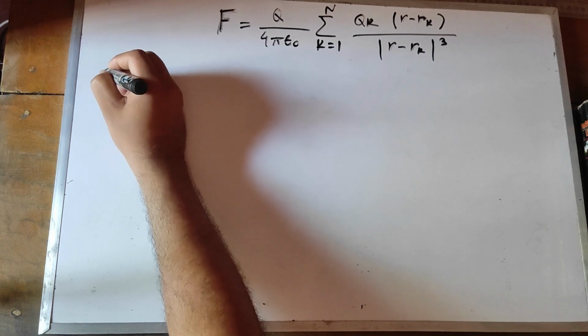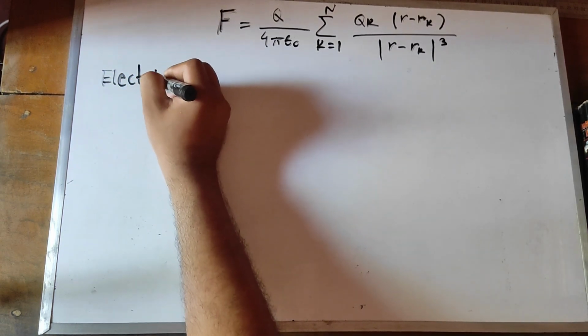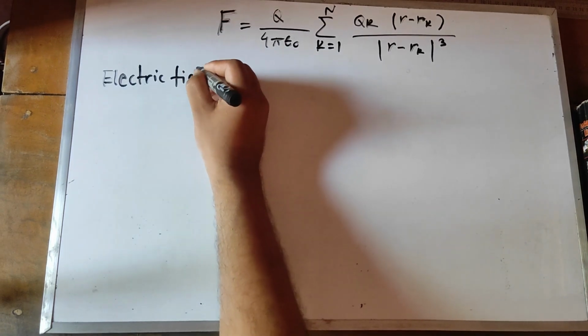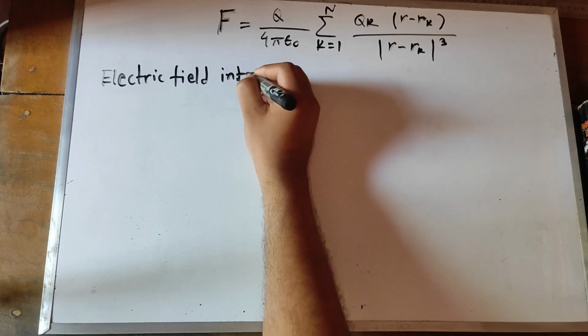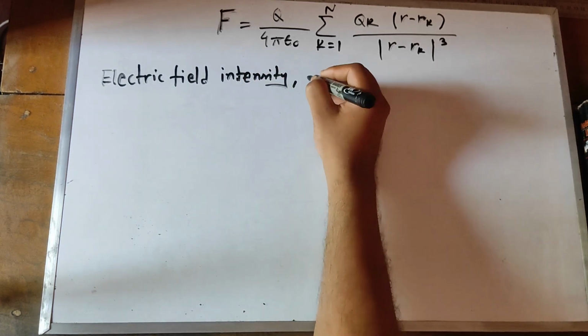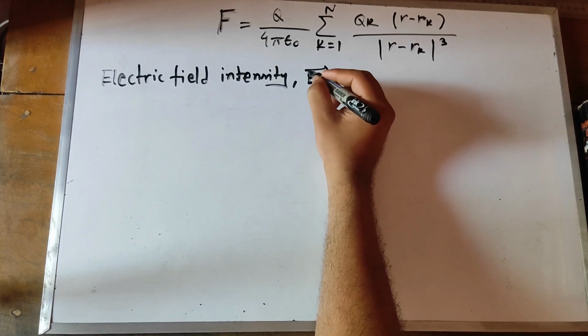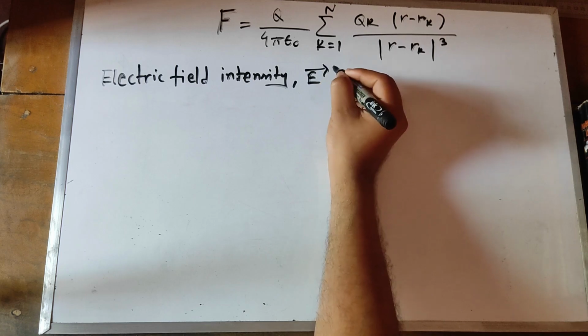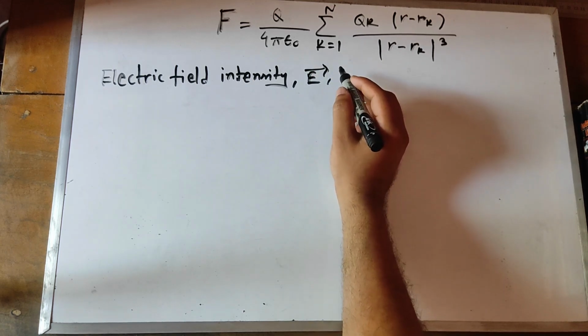So electric field intensity, which is also a vector, is denoted by the same electric field E with its cap, the direction arrow.